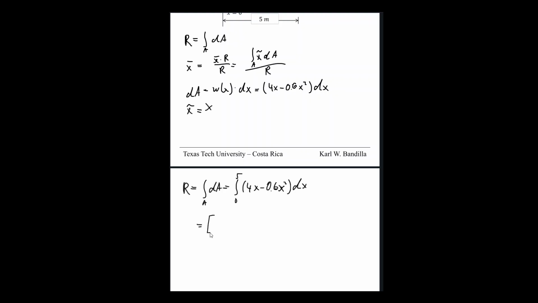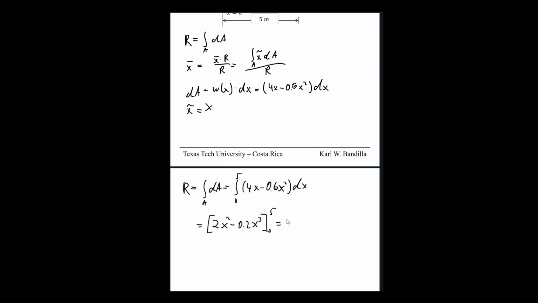That would be 2 x squared minus 0.2 x cubed, from 0 to 5. That's just 0.6 divided by 3.